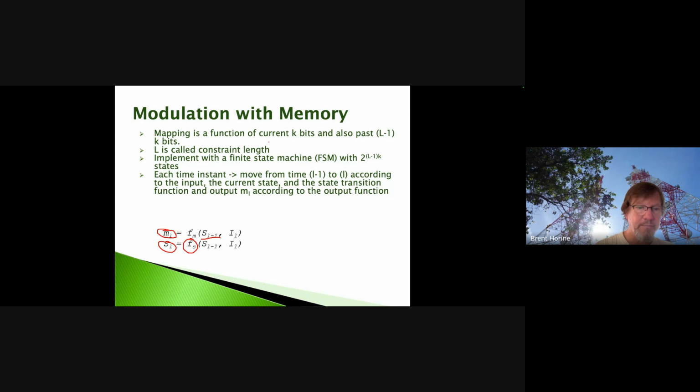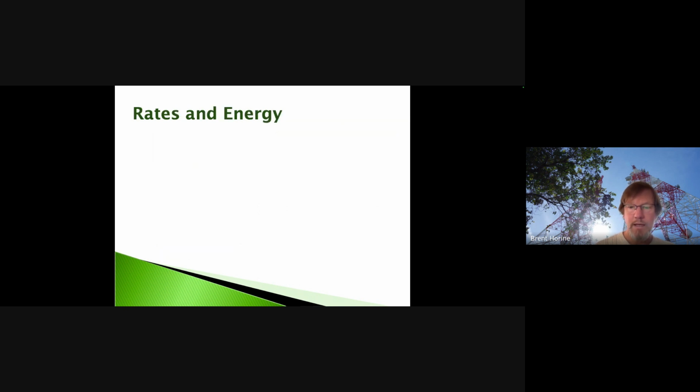So that's our output function, f sub m. F sub s is our state transition function. We transition from the previous state to the new state based upon what state we're in and the input bits.